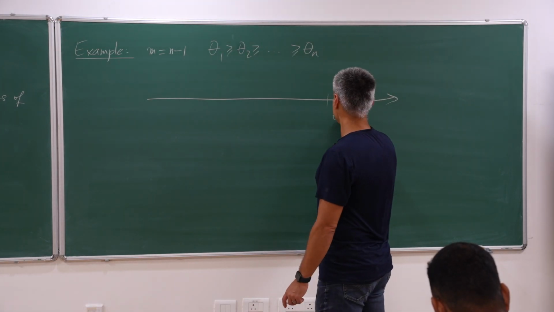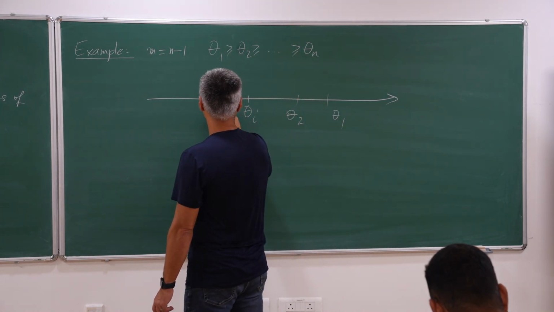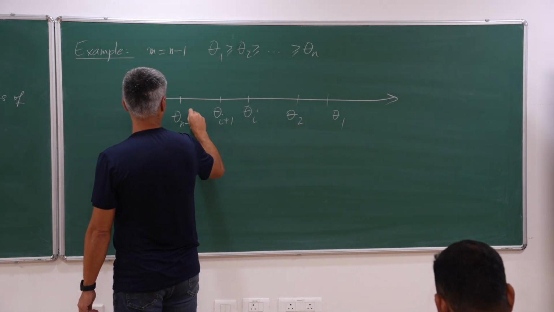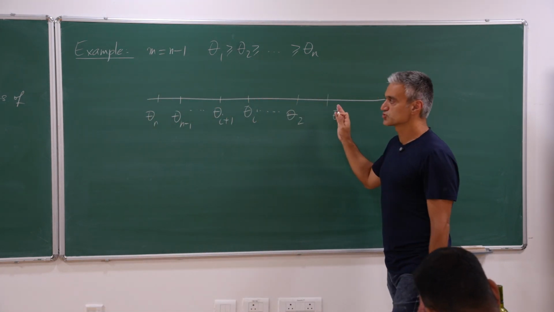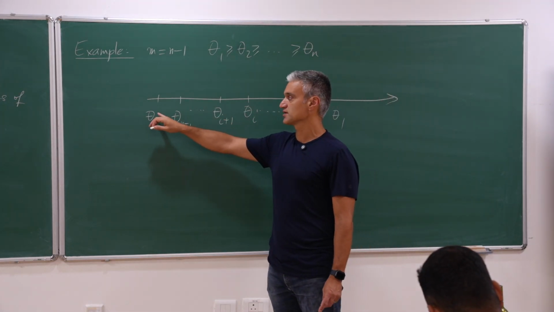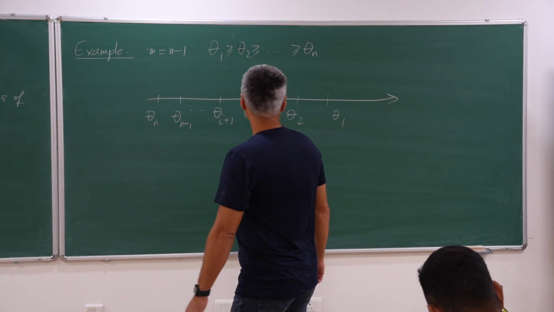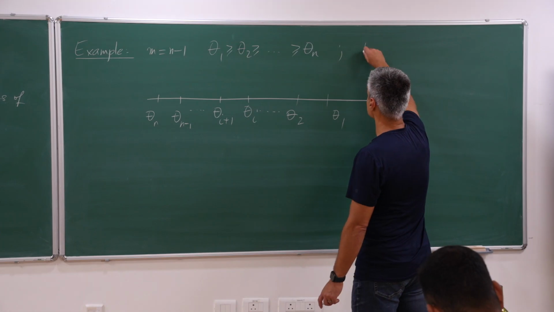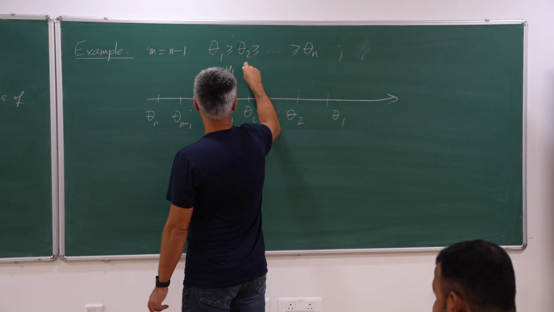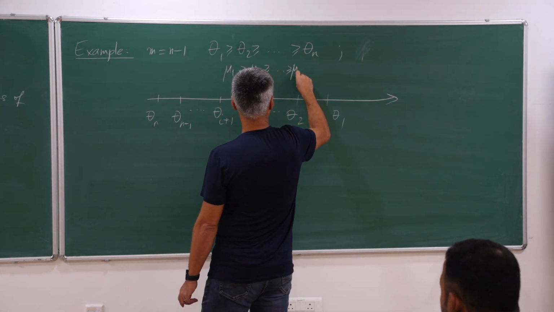So I have theta 1 here, and for my picture, let's assume that the thetas are distinct. So you have theta 1, theta 2, theta i plus 1, theta n minus 1, and so on. And now we will have the other sequence, let me put it below it: mu 1 greater or equal to mu 2 greater or equal to mu n minus 1.